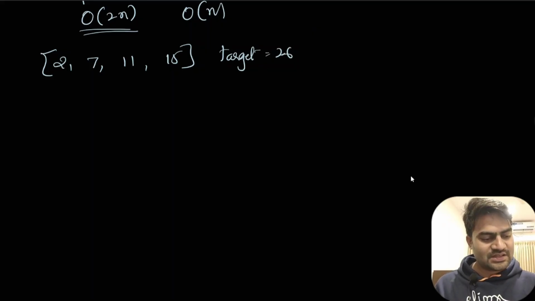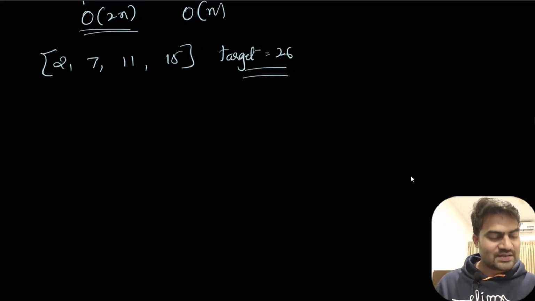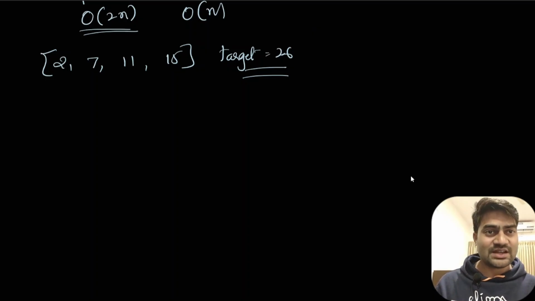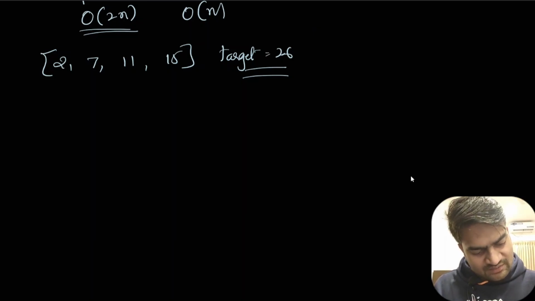Now I will try to implement it in a single pass. Before, we first prepared the map, then checked the complement. Now we will prepare the map, and side by side also check the complement. This is my map.